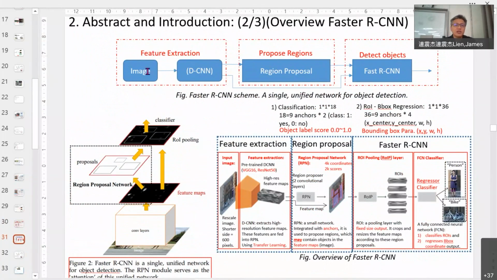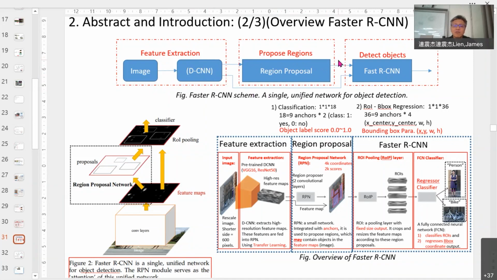So we have an image here. We do deep learning, an encoder for feature extraction, and we have two paths. One path is for region proposal to detect the region. The second path takes the features, and this gives only the region, only the bounding box.